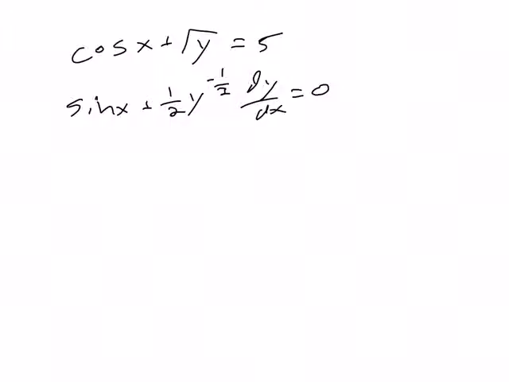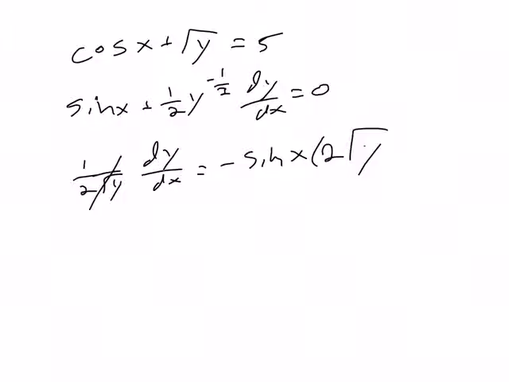Or in other words, we get 1/2 square root of y dy over dx is equal to negative sine of x. So then we get rid of this, so that's 2 square root of y. So that's what dy over dx is. And there should be a negative here because the derivative of cosine is negative sine, so this negative would vanish when we flip it over.